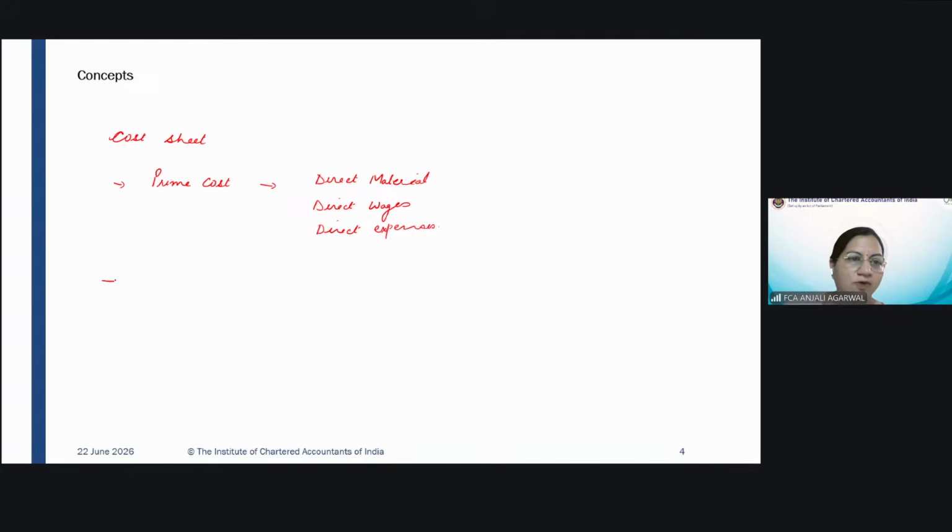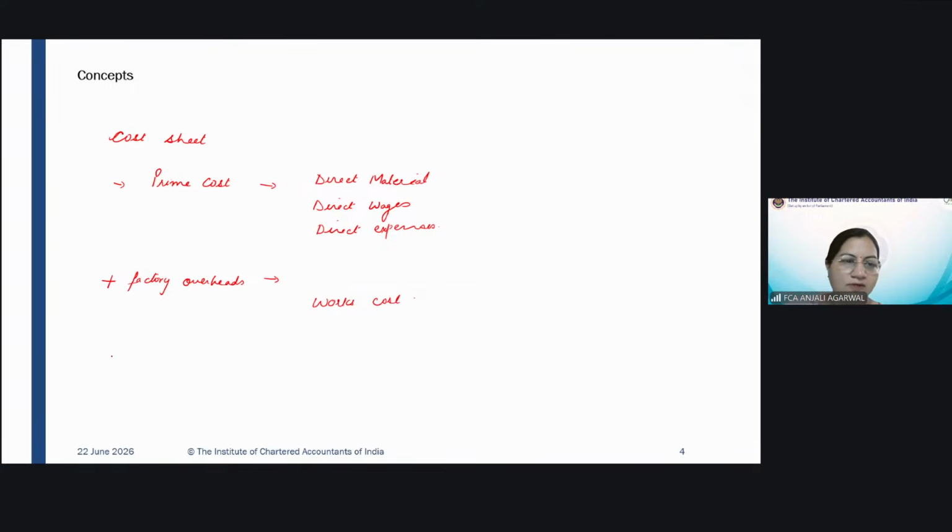Once you have the prime cost, you add to this factory overheads, which we have discussed. And if you have received any scrap value after selling some wastage, that can be reduced from the factory overhead. So if there is anything which you have got in return, that should be deducted here. So when you add the factory overheads, you get the works cost.